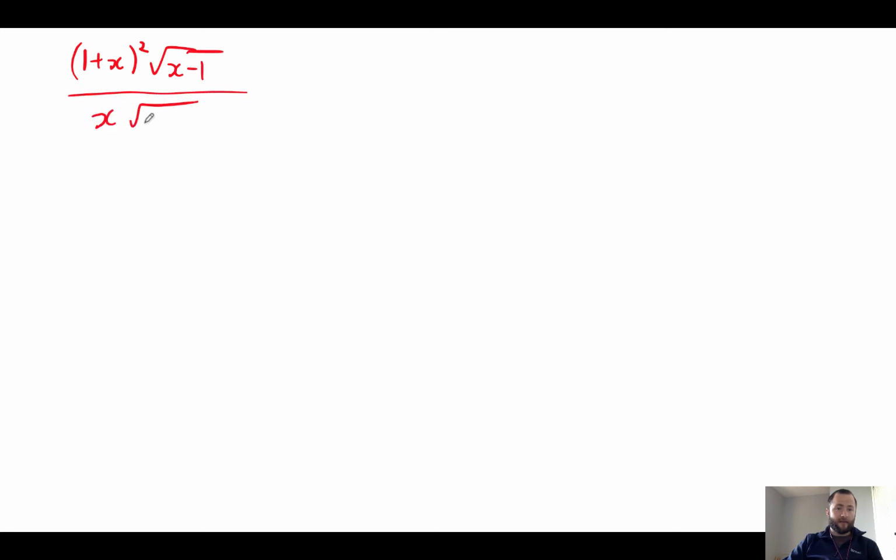simple additions. So say if you had an expression something like 1 plus x, all that squared, multiplied by x minus 1, and all that divided by x, and let's say square root of x plus 1.